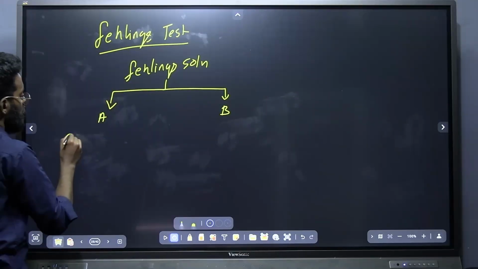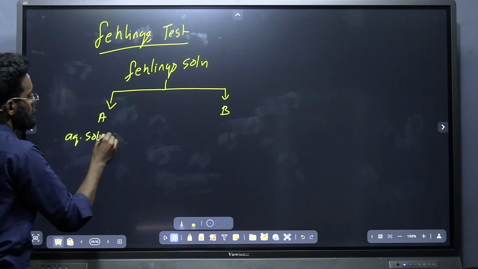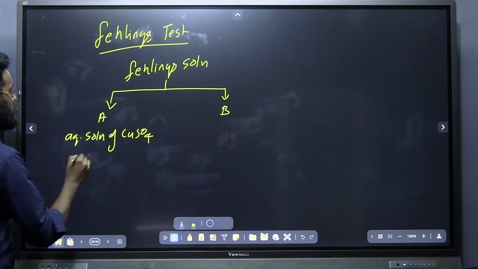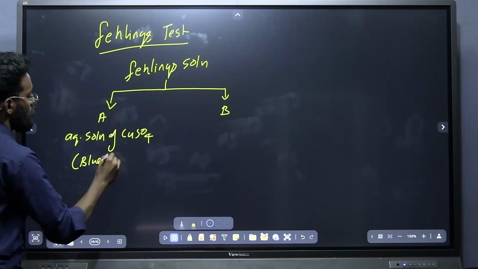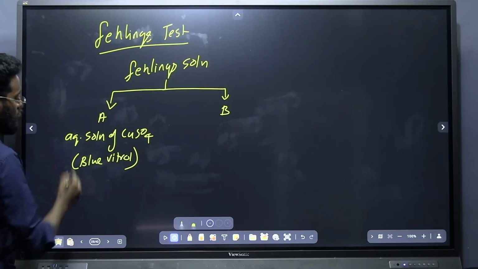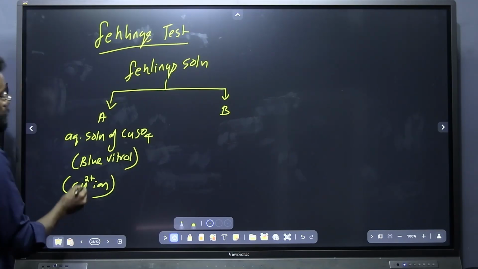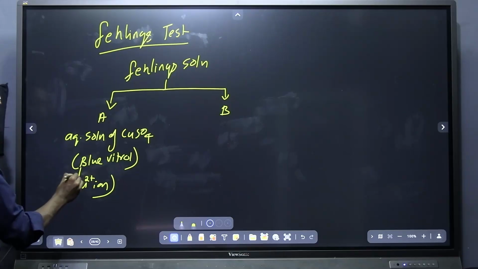Aqueous solution of CuSO4. It's also called blue vitriol, and the blue color is due to the Cu2+ ion. Cu2+ ion is responsible for the blue color.